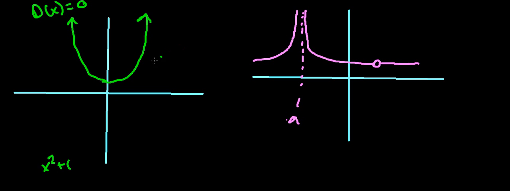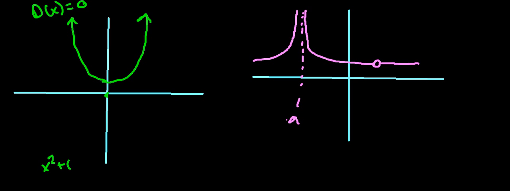Now don't confuse this with finding the zeros of a function when we are using complex numbers. Finding the zeros of a function is to find out when an equation touches the x-axis. As we can see here, this does not touch the x-axis, so it does not have a real zero. But don't confuse finding the zeros of a function for the domain. Those are two different things. So here we're just talking about domain.